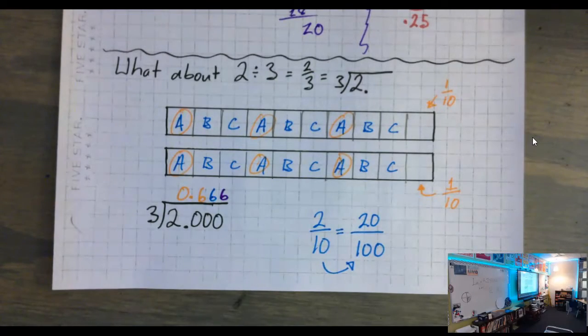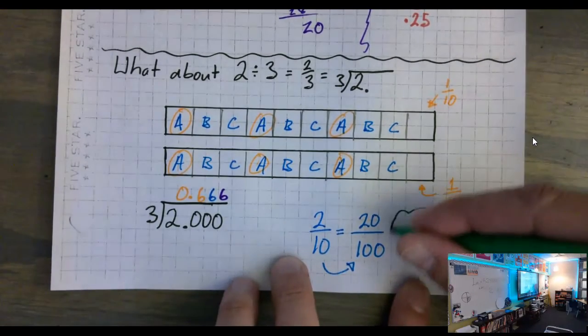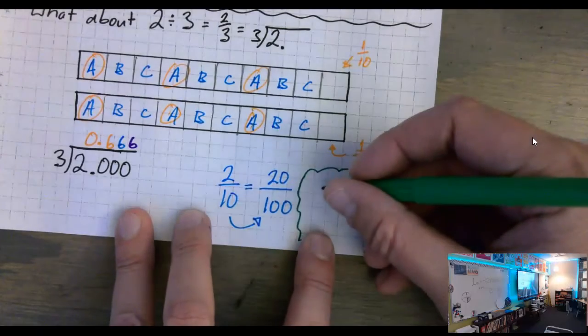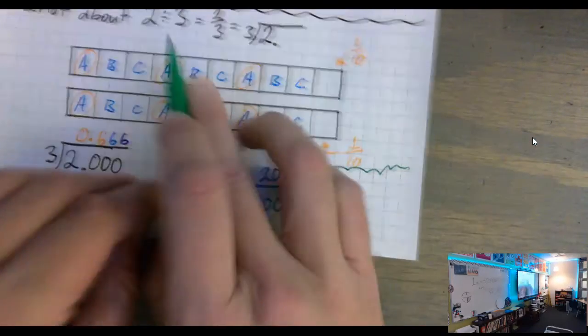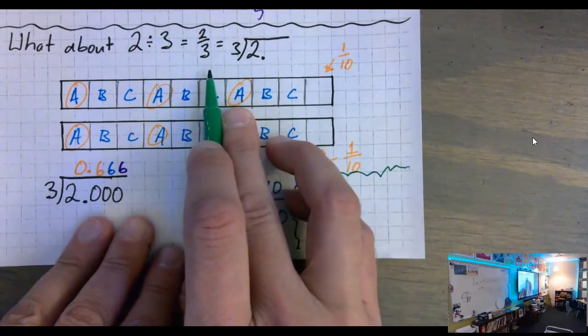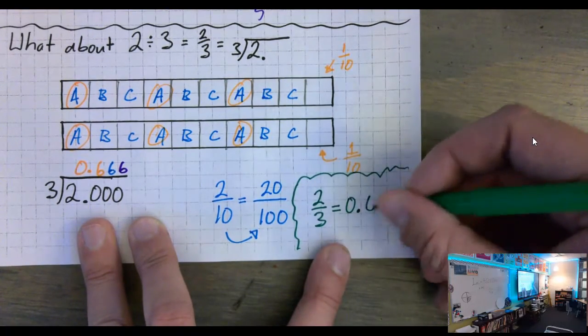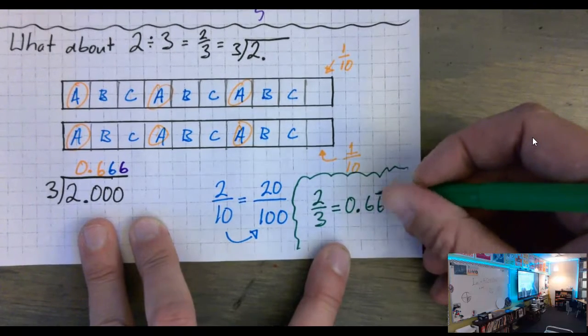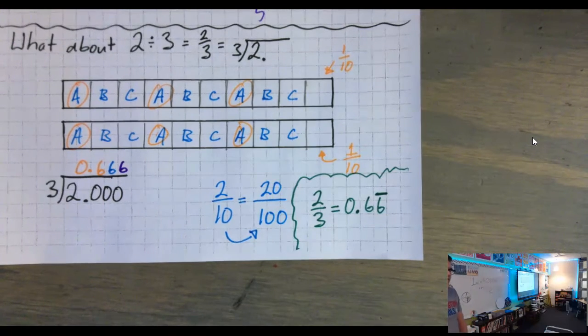So down at the bottom would be a good place to write the note. We could make a little squiggly box: 2/3, because that's the problem we just started with, becomes 0.6 repeating. You can write a couple of the 6s to show it starting to repeat, but we need that bar to show that it definitely repeats.